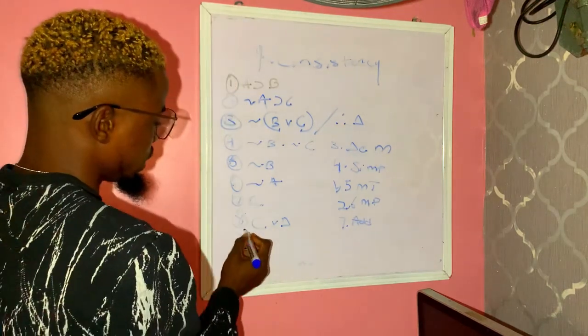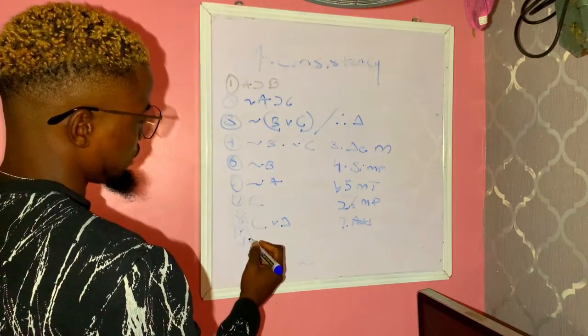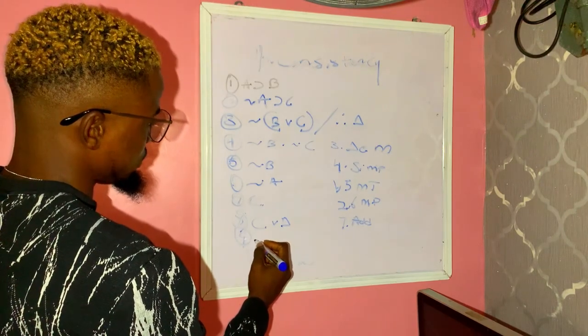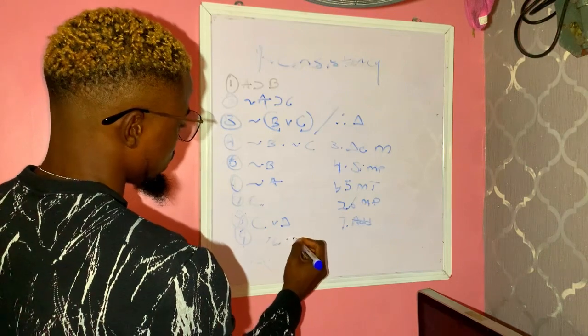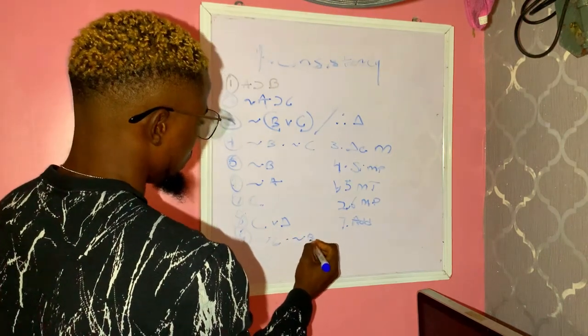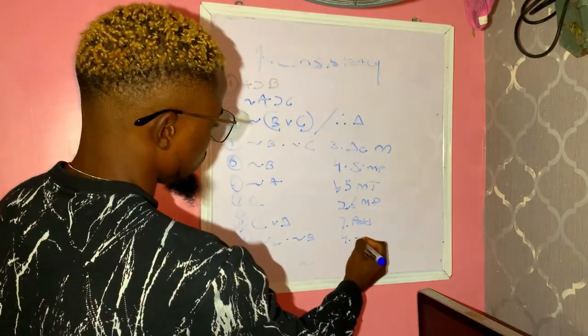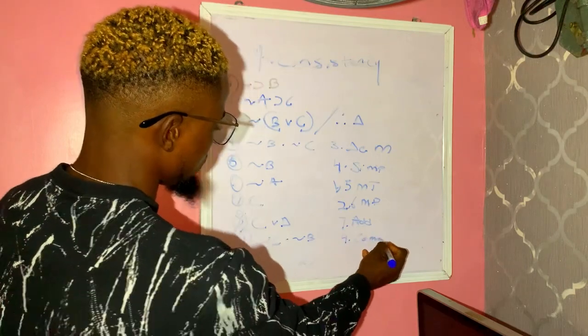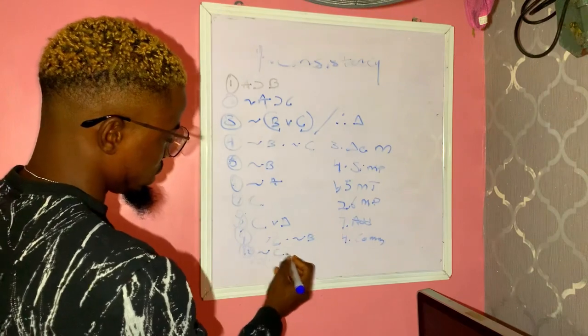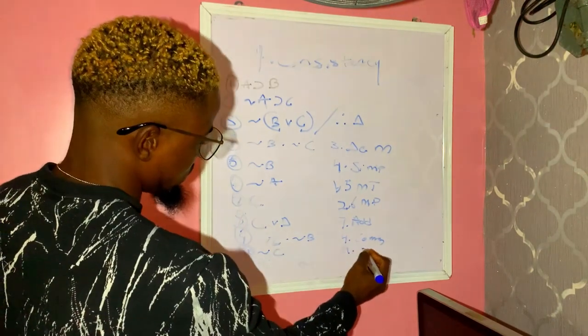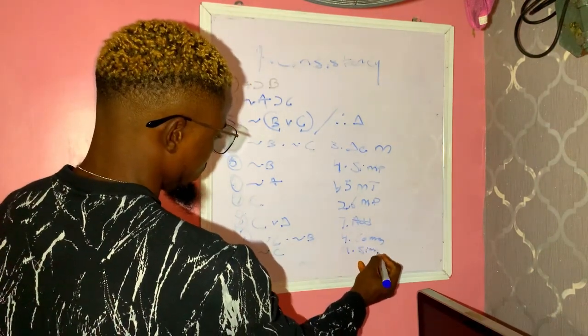Then number 9, negation C and negation B, 4, commutation. Then 10, negation C, that's 9, simplification.